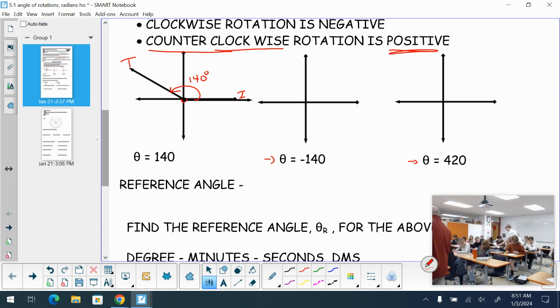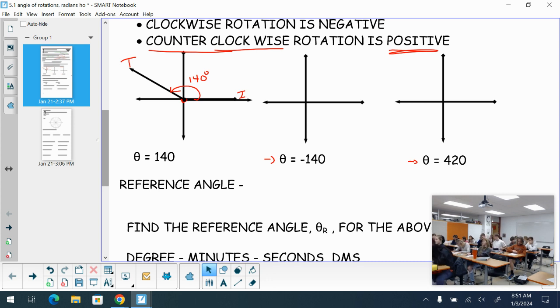Okay, negative 140. Where's our terminal side going to be for negative 140, Alex? Third quadrant. I have my initial side on the positive x-axis and my endpoint at the origin.